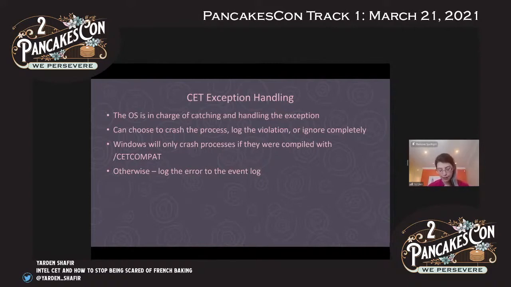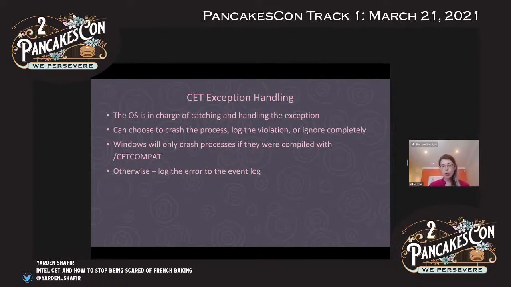There are a lot of different types of exceptions. And for most exceptions, or for some of them, you can even use try catch or try except, depending on what language you're writing in, to ignore your exceptions yourselves. In our case, the operating system needs to catch that exception.